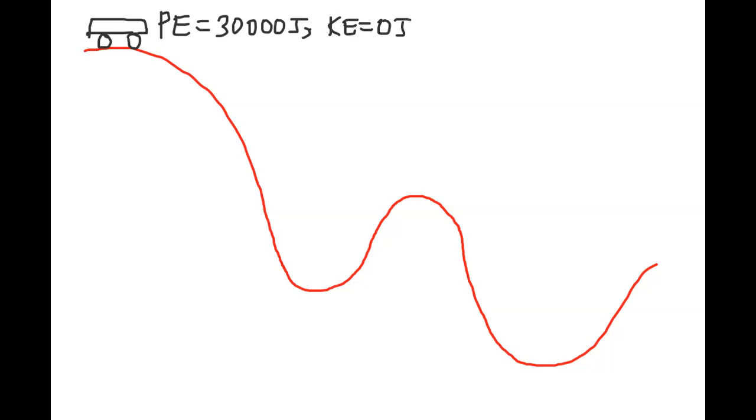Now I would like to think about what would be the potential energy and the kinetic energy at these points. Let's label the points like this. This is A, this is point B, this point is C, and this point is D. The potential energy at point D, since this looks like our reference line, remember, we can choose our reference line ourselves.